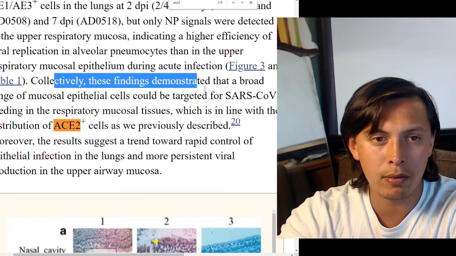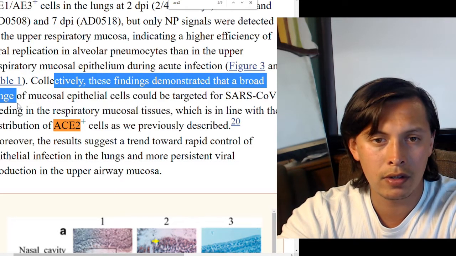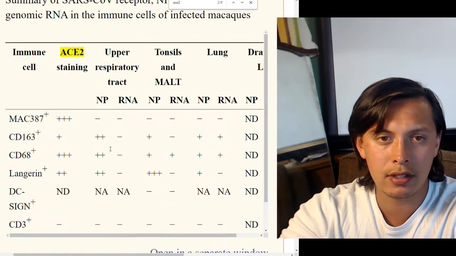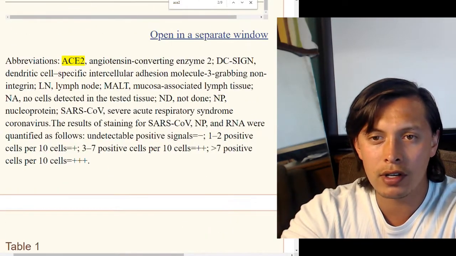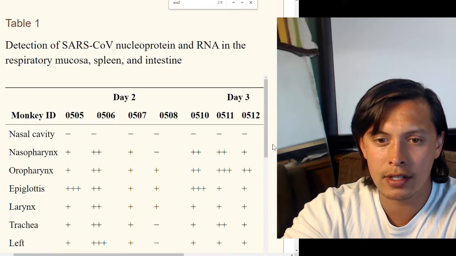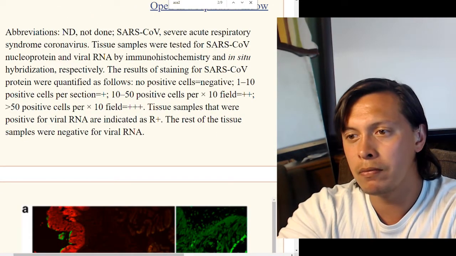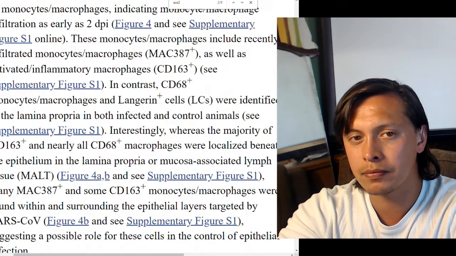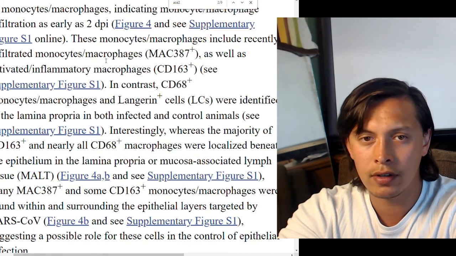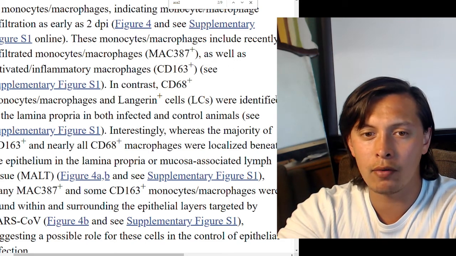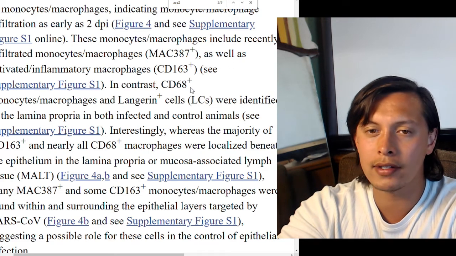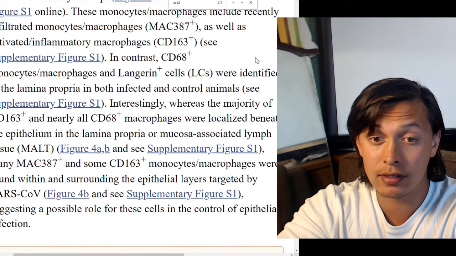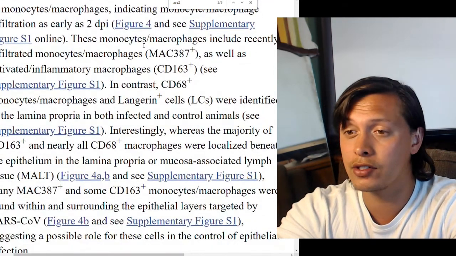Collectively, these findings demonstrate that a broad range of people. Okay, so maybe it wasn't. I'll let you know, because I do know that there is a type of immune cell that is ACE2 positive, but I can't remember what immune cell it was explicitly.